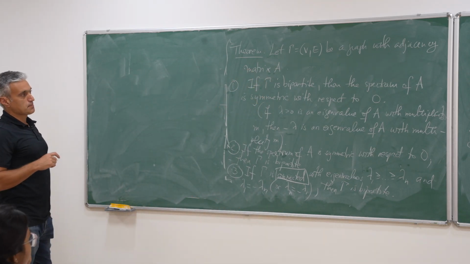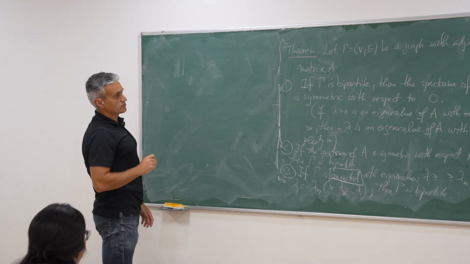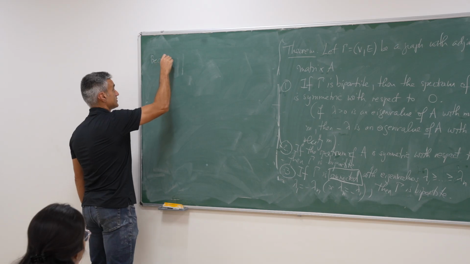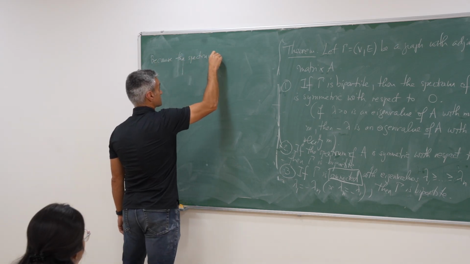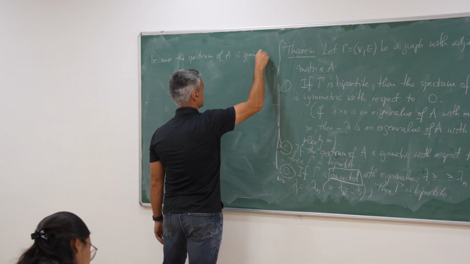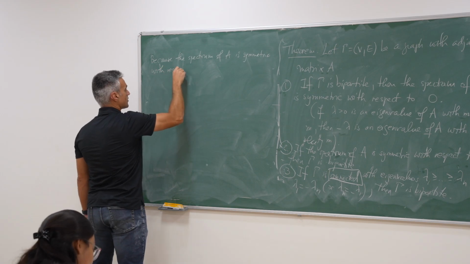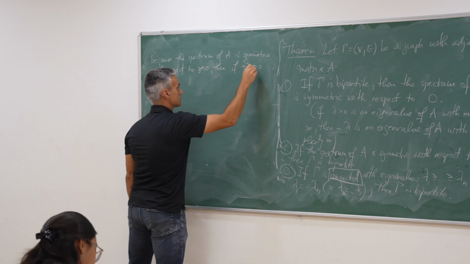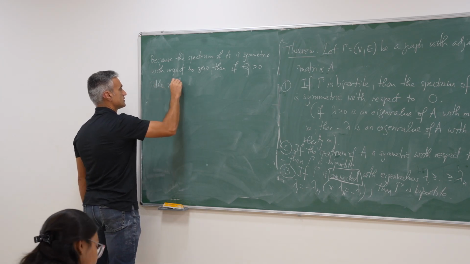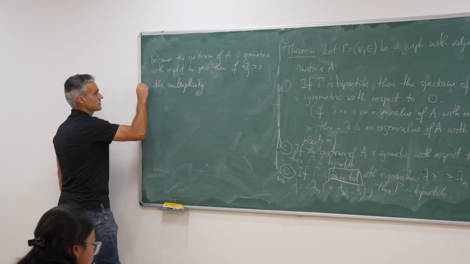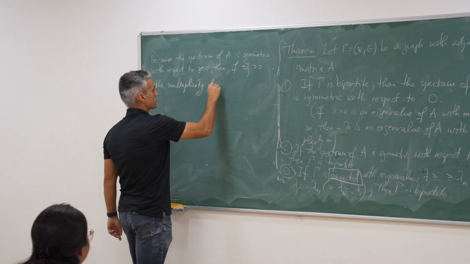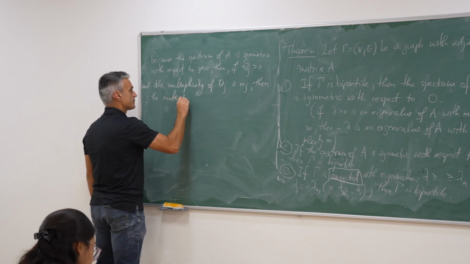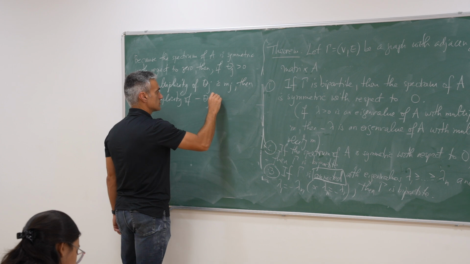Using the thetas, because the spectrum of A is symmetric with respect to 0, if theta j is bigger than 0 and the multiplicity of theta j is, say, mj, then the multiplicity of minus theta j is also mj.